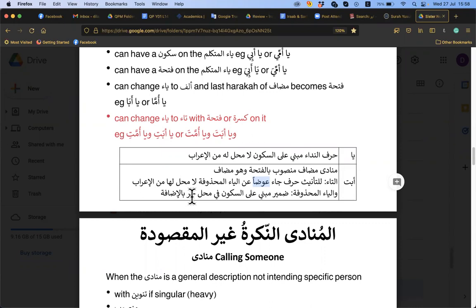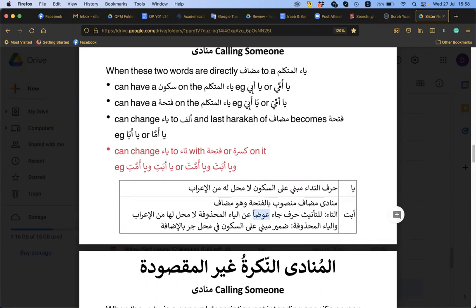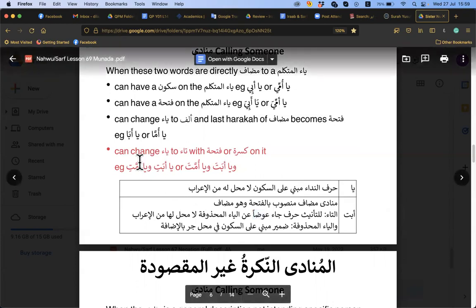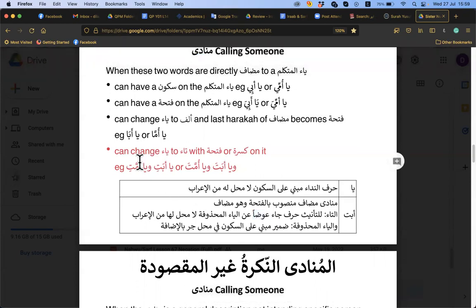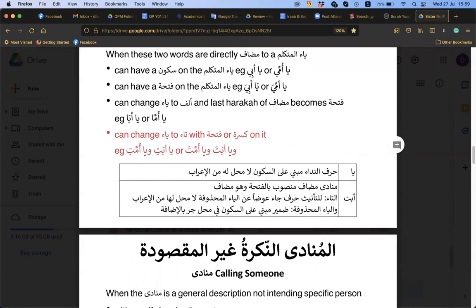For the isim they put a ta ta'nis. No, usually, I don't really have an answer to that question. I only know this is special for this word in this case, as a munada. I don't know whether it can be used in other circumstances or not, so I cannot answer that question. But the ta here is ta ta'nis only in this situation as a munada.